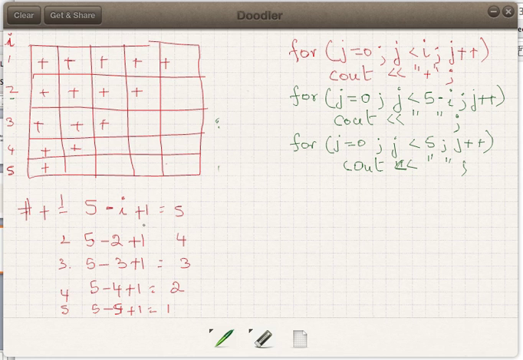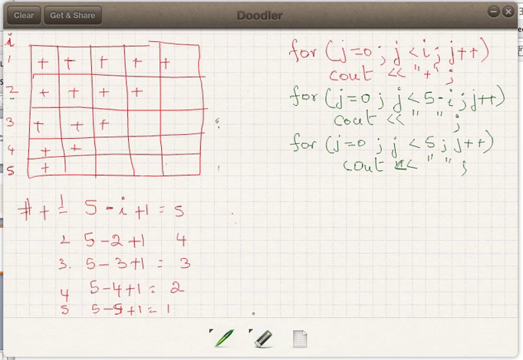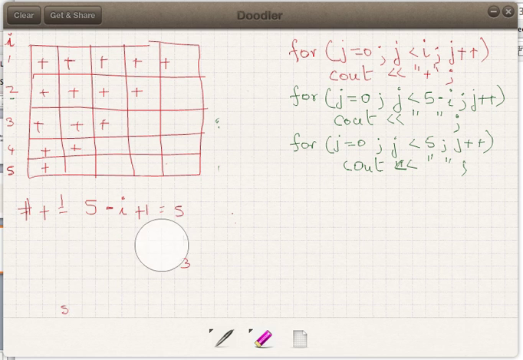So this is the formula to come up with the pluses.